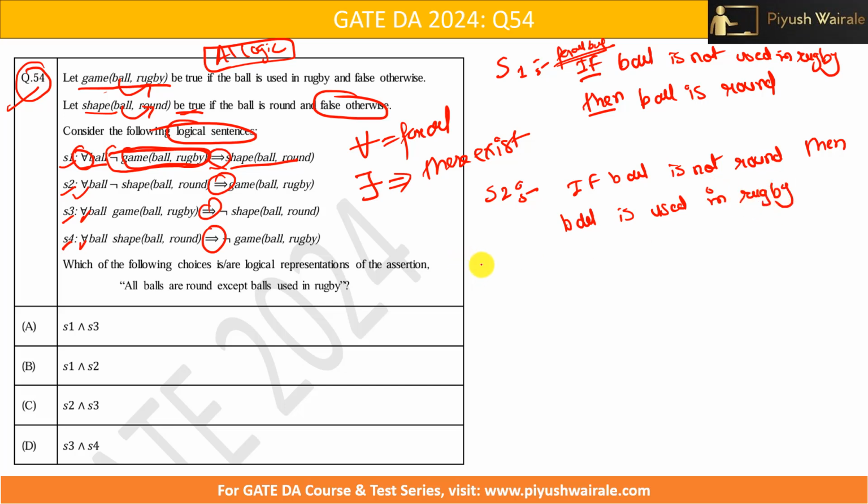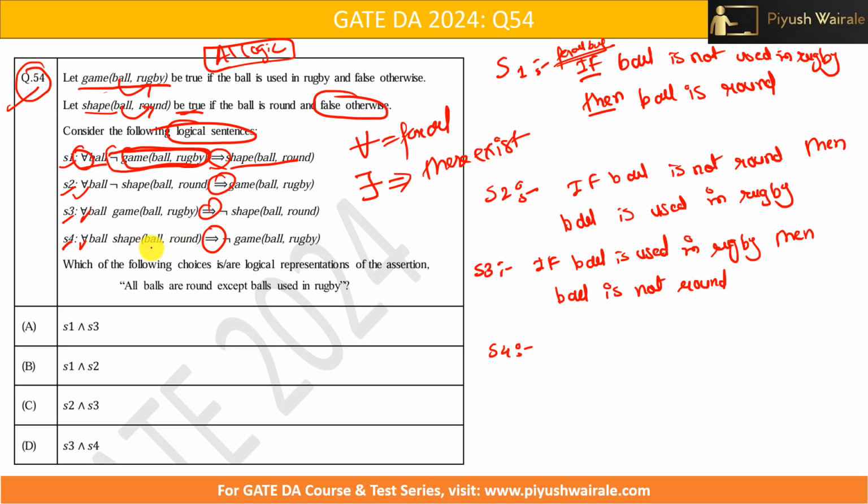Yes. What about S3? If the ball is used in rugby, then in negation of this, I can say the ball is not round. Similarly, what about S4?